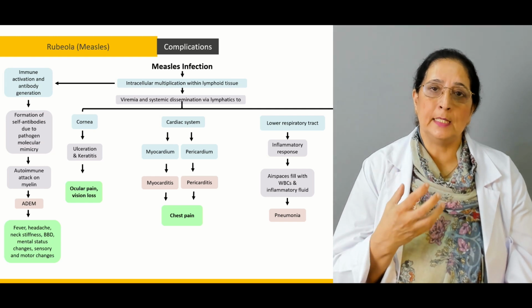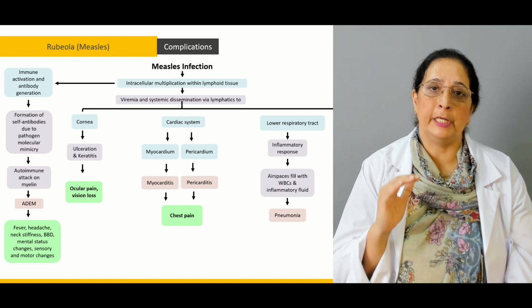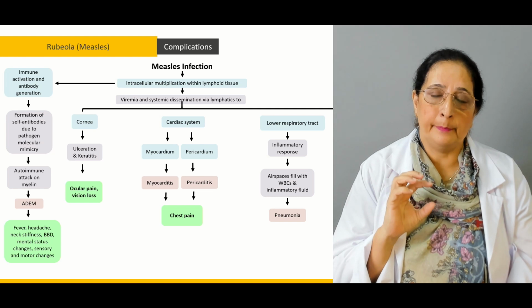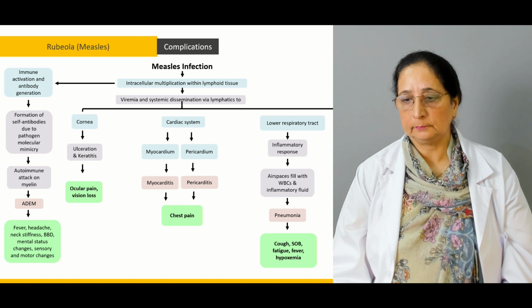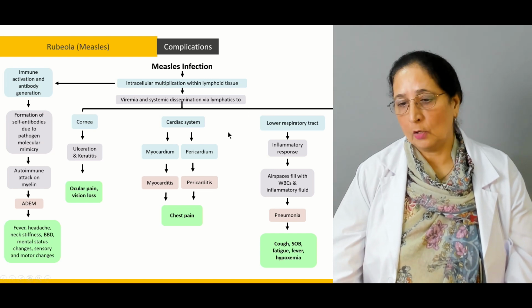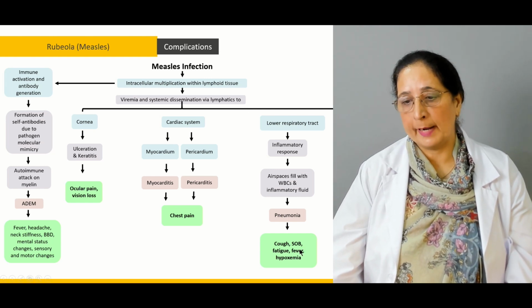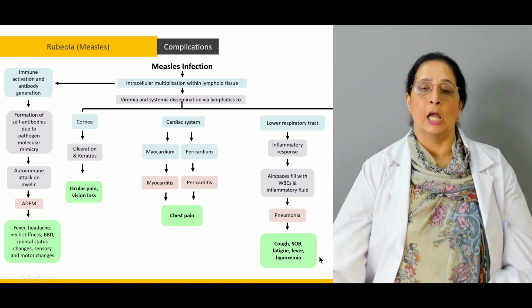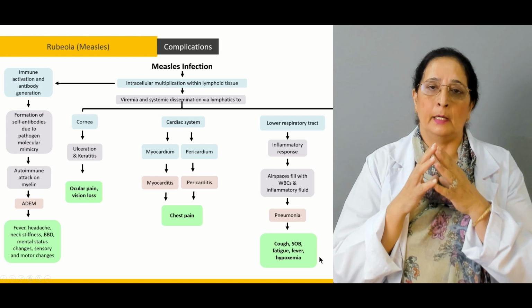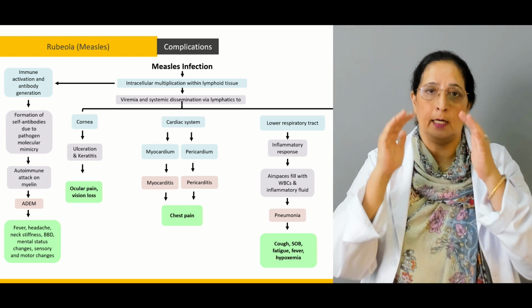So as a result of complications, measles can become a very serious infection. And pneumonia can cause cough, shortness of breath, fatigue, fever, and hypoxemia. So we can say two pathways occur.